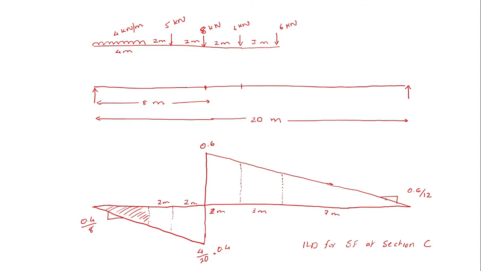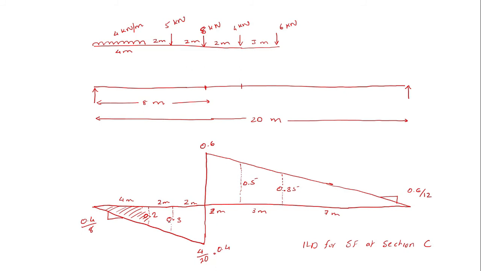So 0.6 by 12 into 7 will give me 0.35. Then 0.6 by 12 into 10 will give me 0.5, and at this end 0.4 divided by 8 into 4 meters will give me 0.2, and 0.4 divided by 8 into 4 plus 2, 6 meters, will give me 0.3.